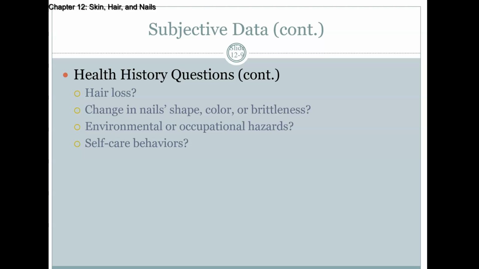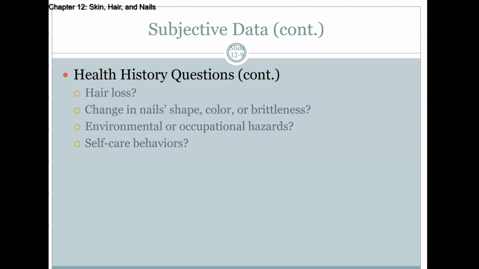In the aging adult, you're going to look at their skin and see that the epidermis tends to thin out and flatten, and you're going to be more worried about a breakdown in their skin because it's not as thick as it used to be. They lose elastin, collagen and subcutaneous fat, and they have a reduction in the muscle and tone of their skin.